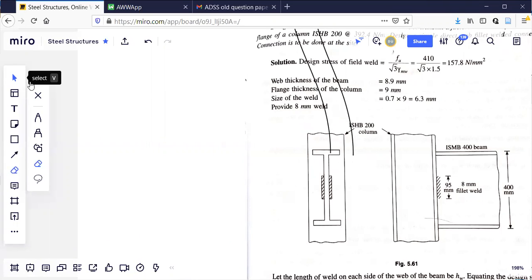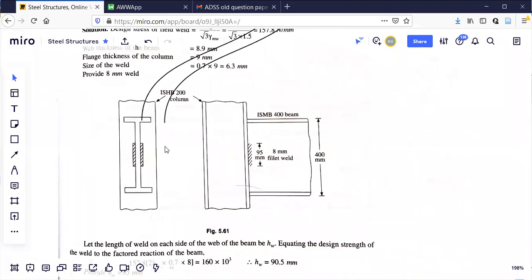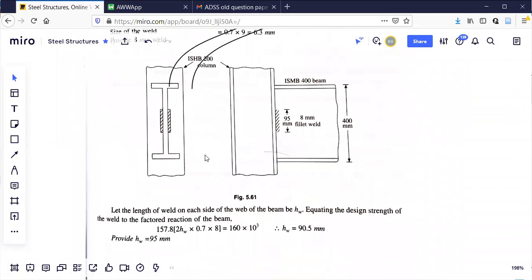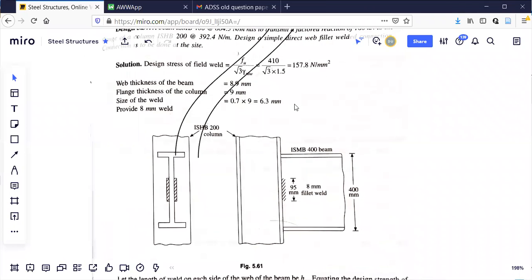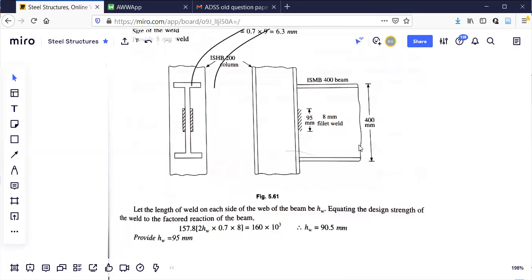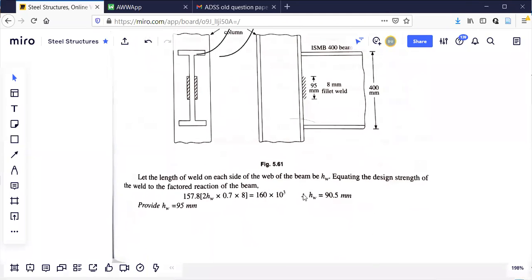So here you can see, the force resisted. Now the force developed in the welds must be equal to 160 kilonewton. So equate these two, that is, the resistance offered by the weld must be equal to the external force to be resisted.